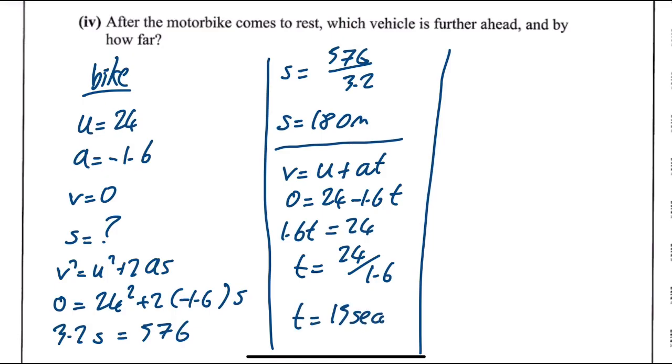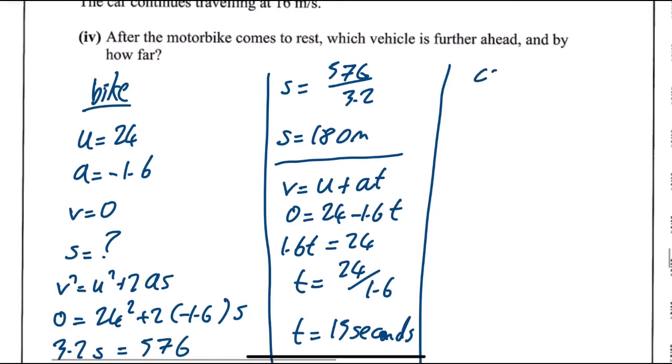So the bike has gone 180 metres and done that in 15 seconds. Now for the car, it continued going at the same speed, 16 metres per second, for 15 seconds.